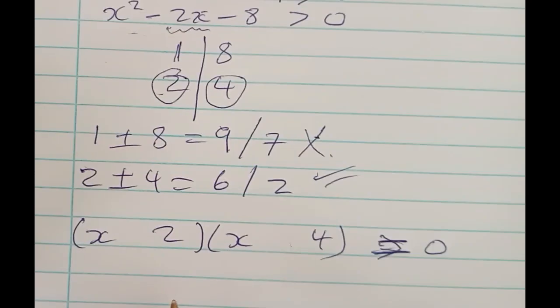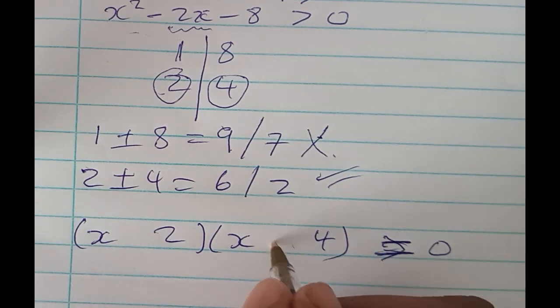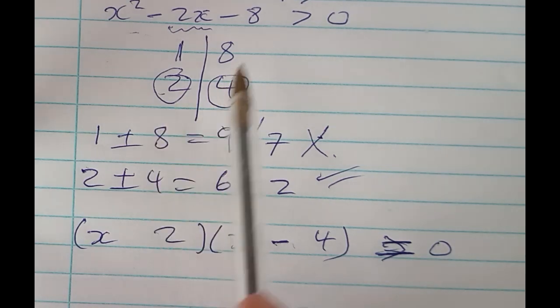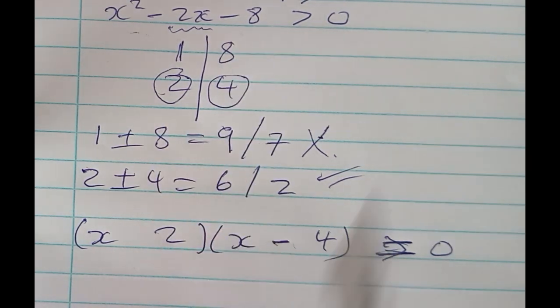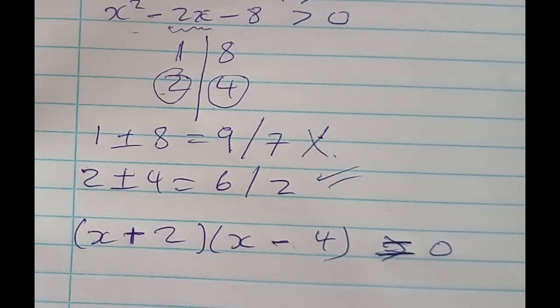And between 2 and 4, which one is big? 4 is big, which means 4 will have a negative value. And my last term is negative. Remember, a negative times a negative is positive, so here it should be different signs to get negative. Now I have two brackets.